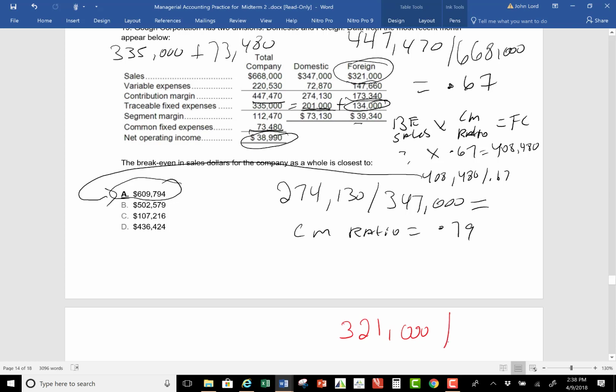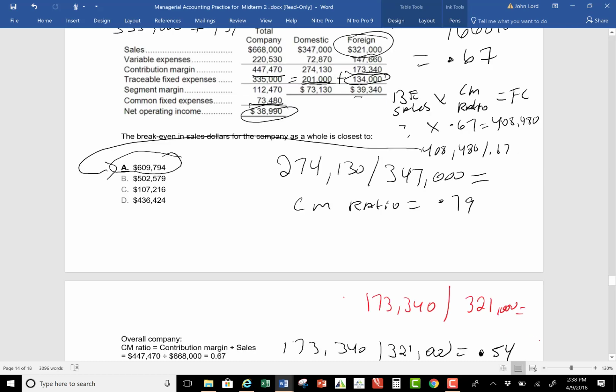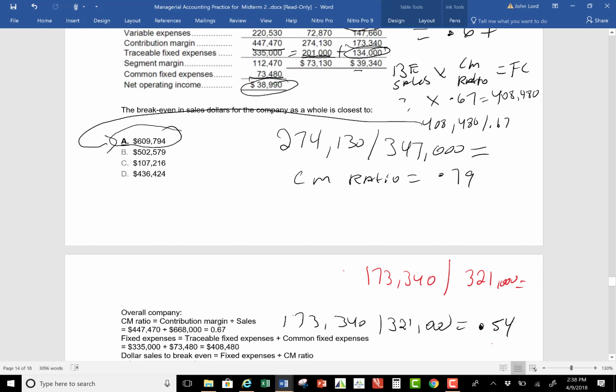And the break even is the contribution margin is 173. Divided by 321,000 gives me contribution margin ratio of 0.54.